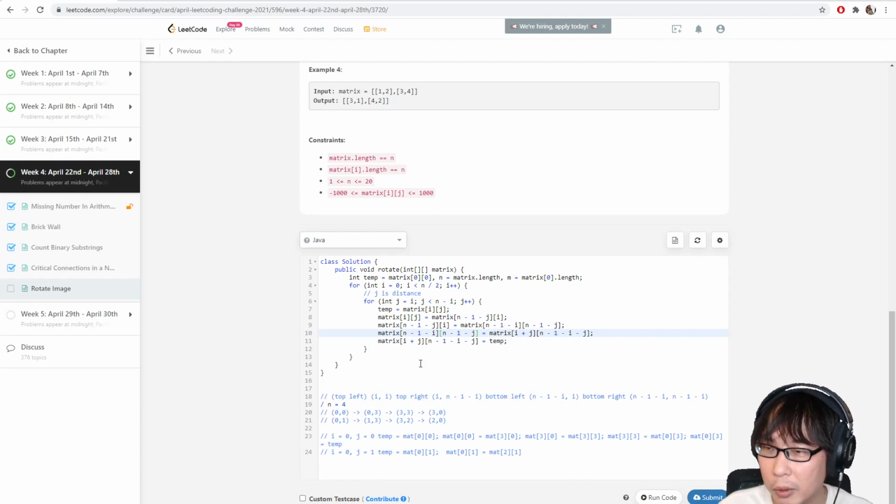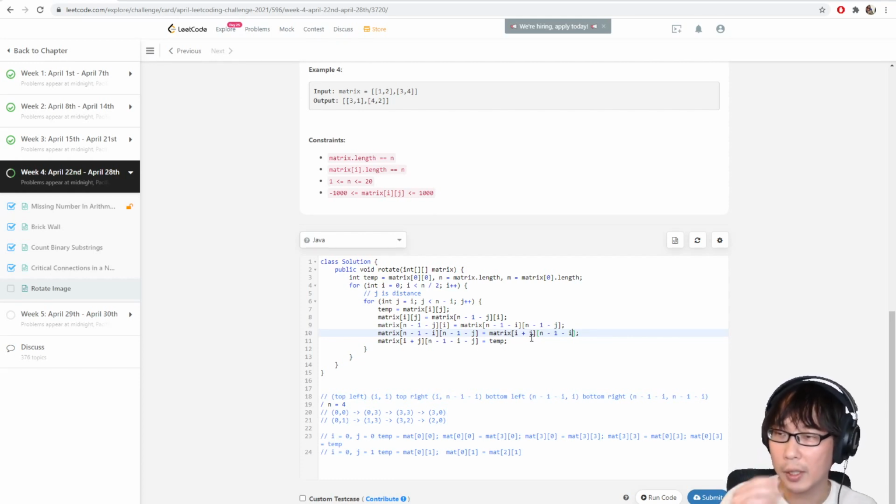So the top right column is this. So is this, but the row is increasing. So the row is J.